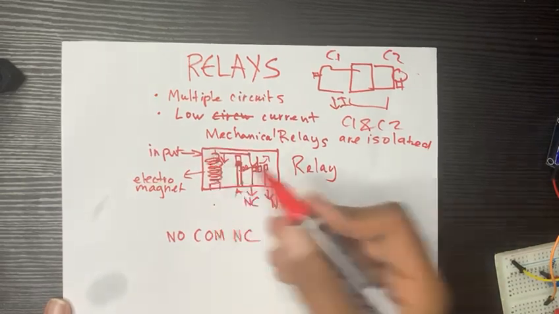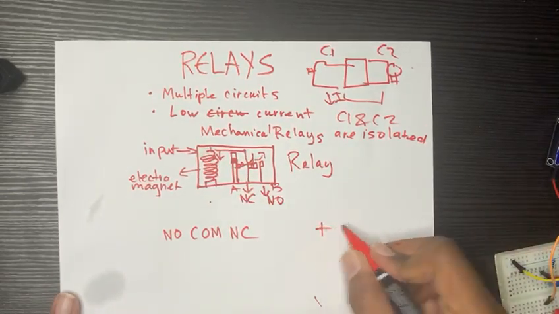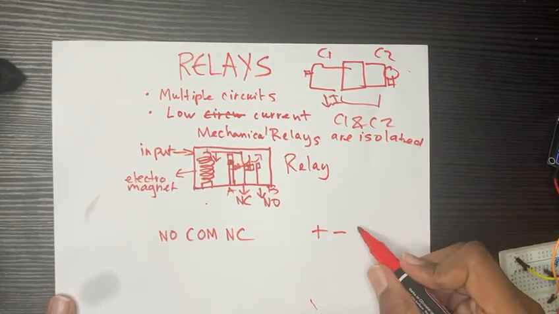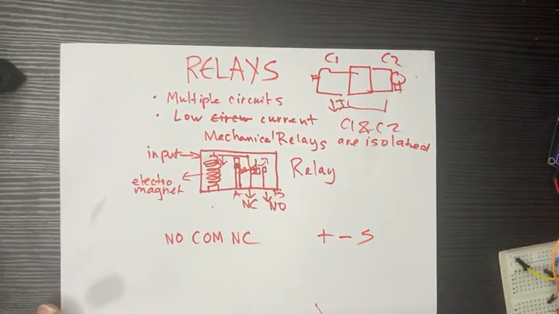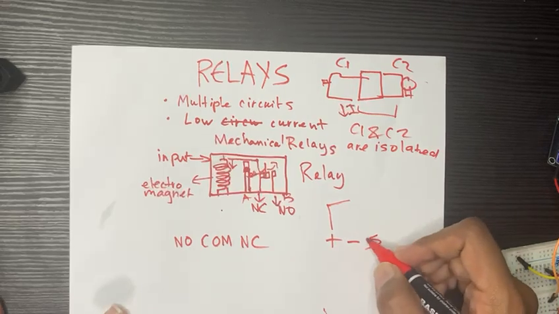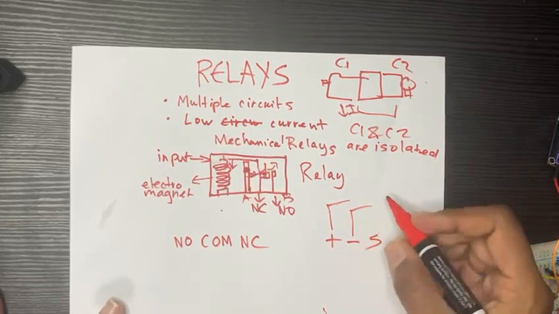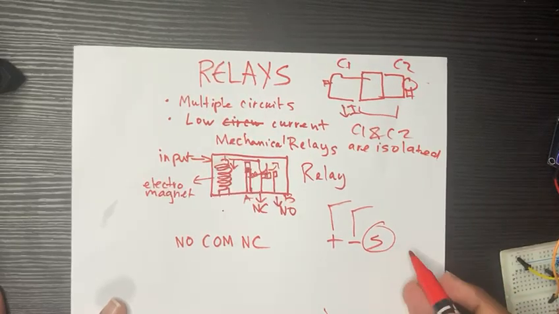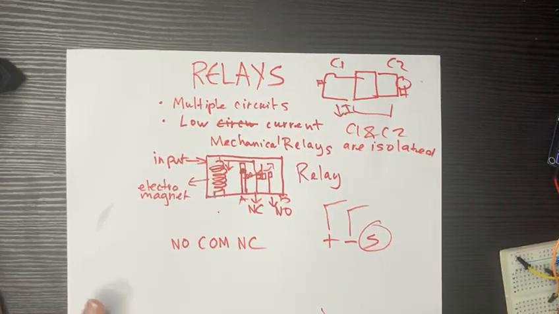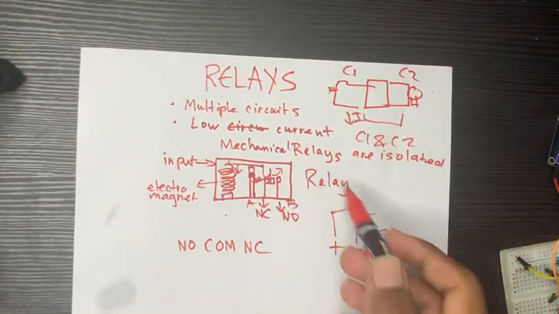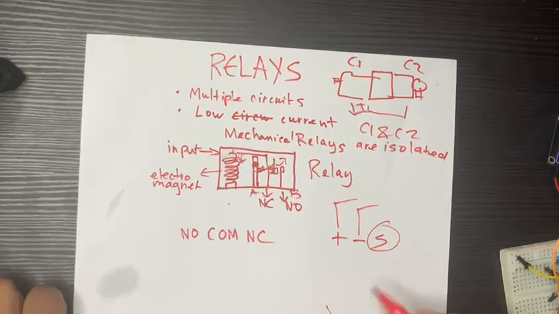And for the coil alone, there's plus, positive, minus, which is ground, and the input signal S. So this is for the coil. Positive and negative should be connected, so ground basically. And this is the input signal. So if this is high, it's going to come in contact, and B is going to be closed.